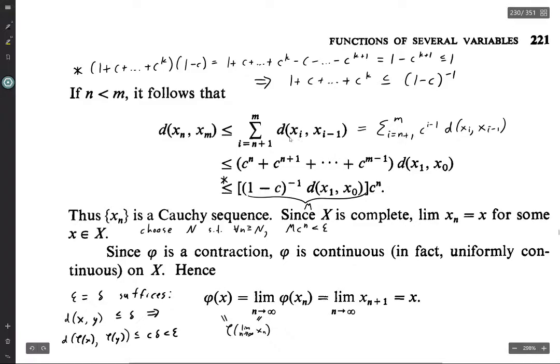Okay, so now the distance between x_i and x_{i-1}, we apply the previous fact that we just proved to show that each of these is less than or equal to c to the i minus 1 times the distance between x_1 and x_0.